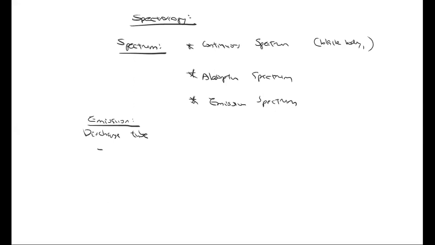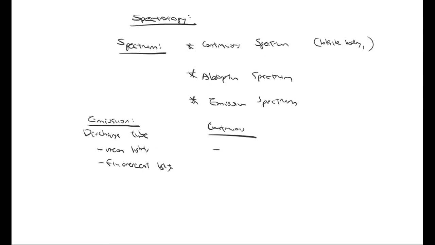So discharge tubes include neon lights, fluorescent lights, and so on. And basically, that's going to be an emission spectrum.